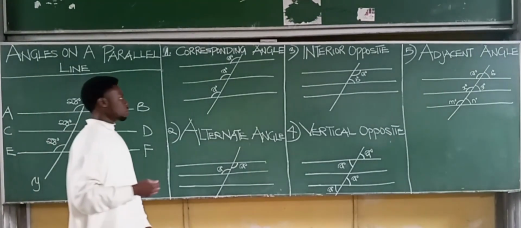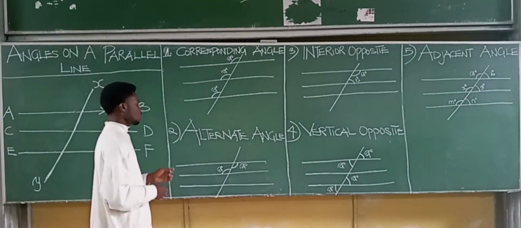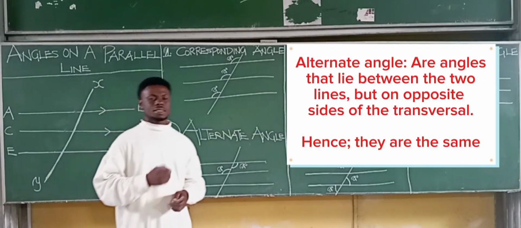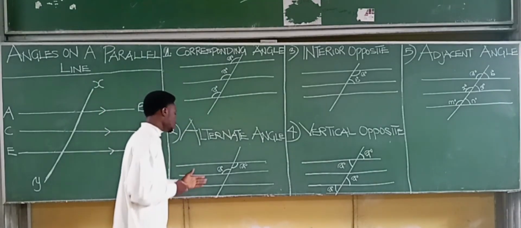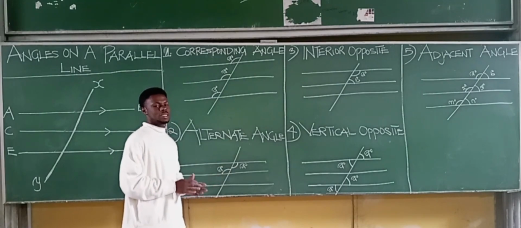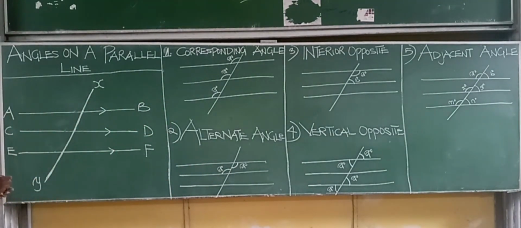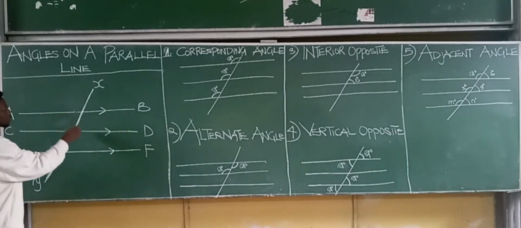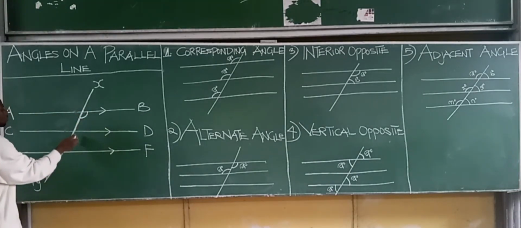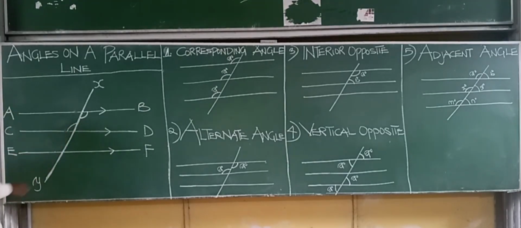The next is alternate angles. This is an angle that lies between two lines on opposite sides. Example, angle A is the same as angle A. They are basically the same. Okay, let's consider alternate angles on this diagram. This angle is alternate to this angle.